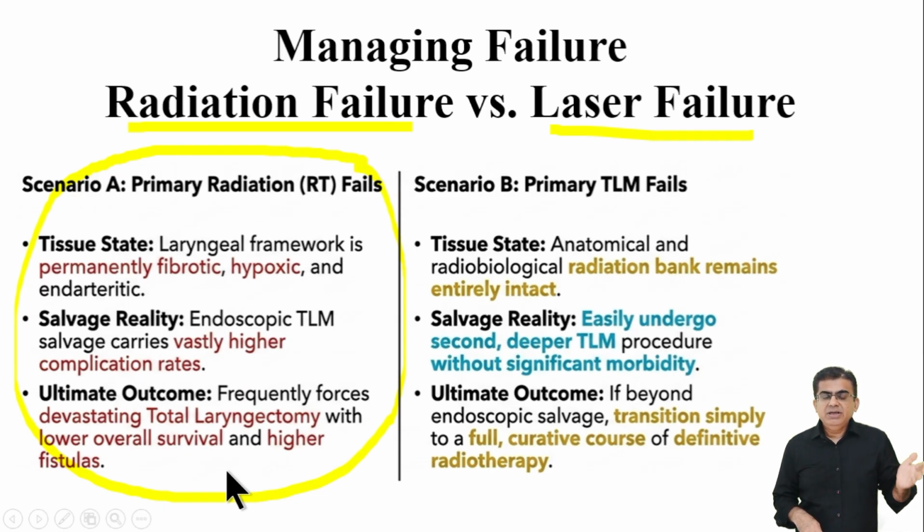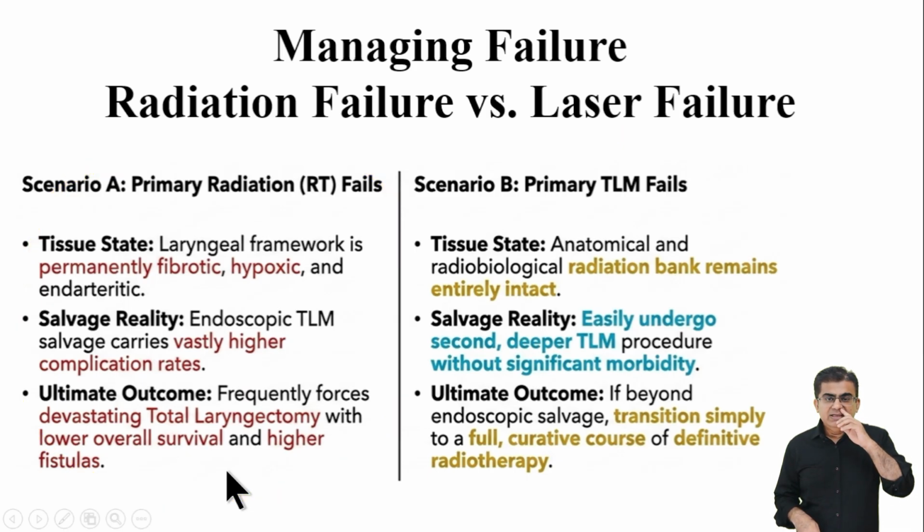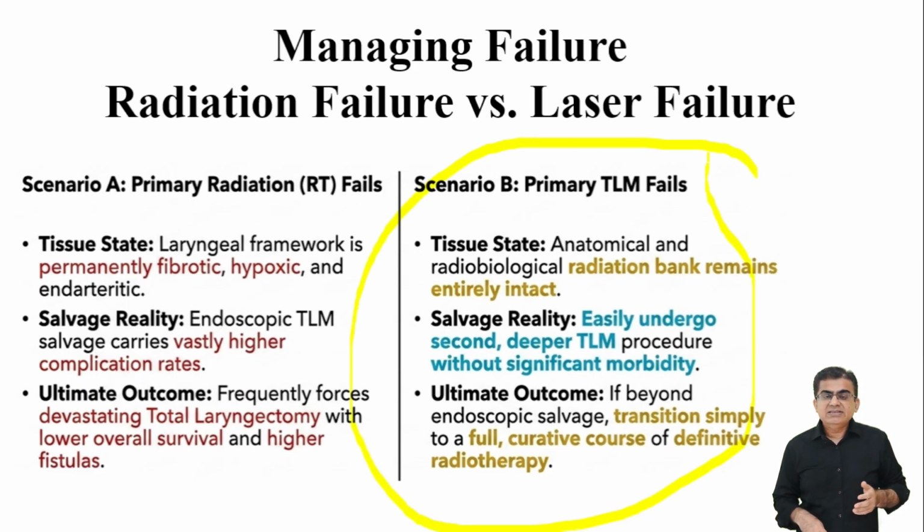Now look at scenario B. This shows the clinical reality when a primary laser surgery fails. The tissue state here is completely different and much safer. Your patient's basic anatomy and their radiation bank remain entirely intact. Therefore, your salvage reality is much more forgiving.